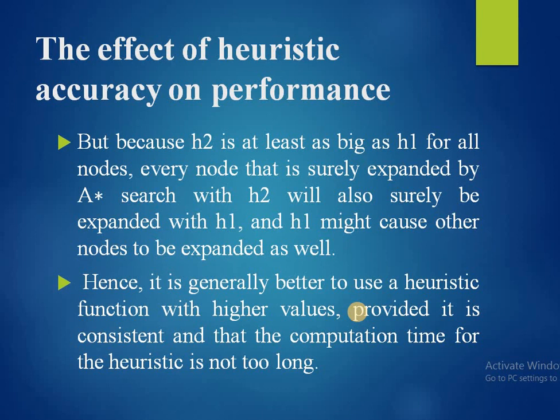But because h2 is at least as big as h1 for all nodes, every node that is surely expanded by A star search with h2 will also surely be expanded with h1, and h1 might cause other nodes to be expanded as well. Hence, it is generally better to use a heuristic function with higher values, provided it is consistent and that the computation time for the heuristic is not too long.